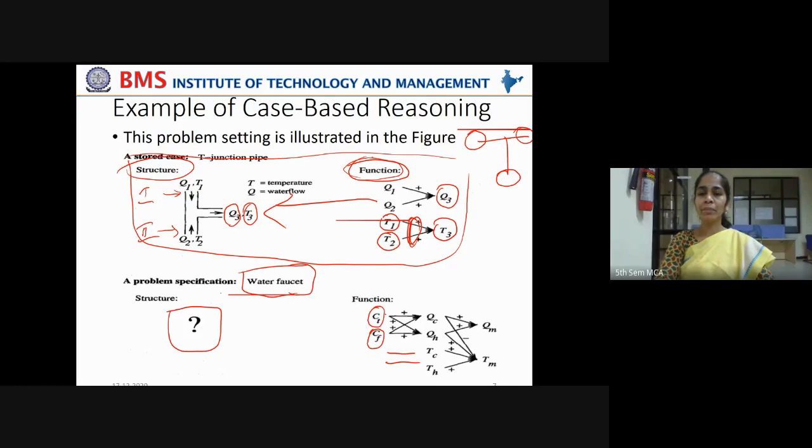Now, when this temperature and flow of the water is given, the water flow should be QC, and sometimes the water should be hot. It should be cold sometimes, QC, and hot sometimes, QH.